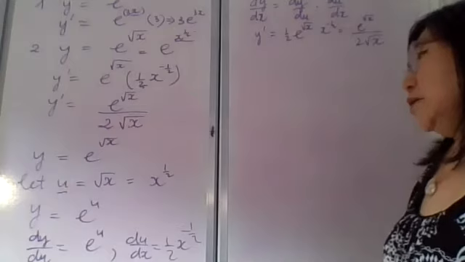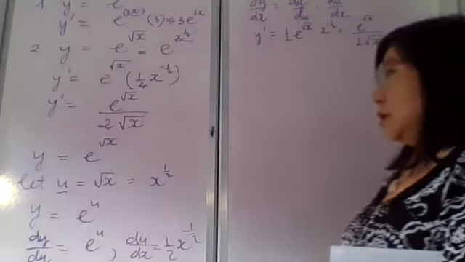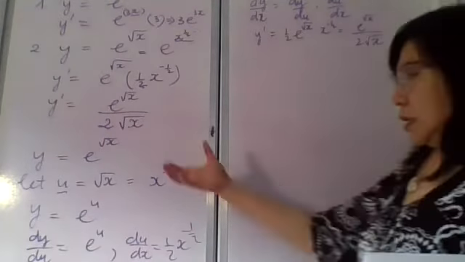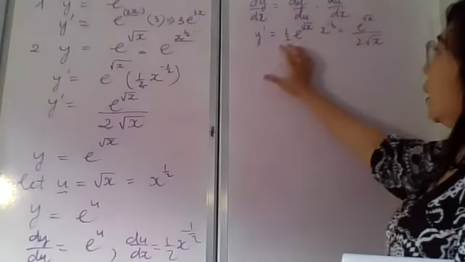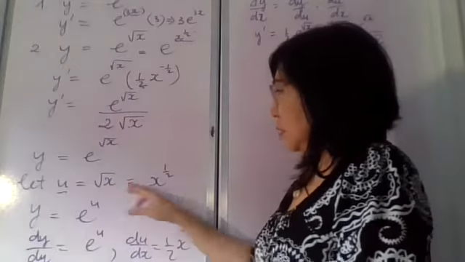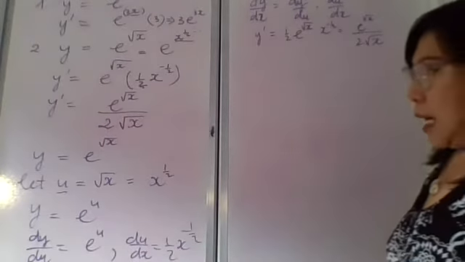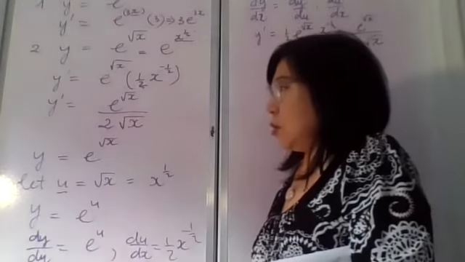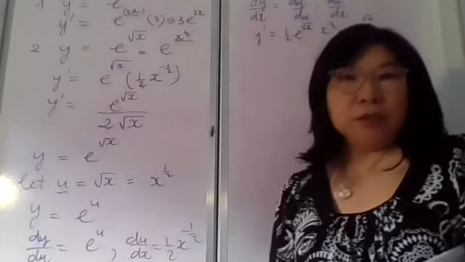Sometimes people do it like this so that you understand better, because clearly you have to do the chain rule, you have to substitute, and you have to do the derivative of this. Now, sometimes I use this substitution method as well, but it depends on the question.